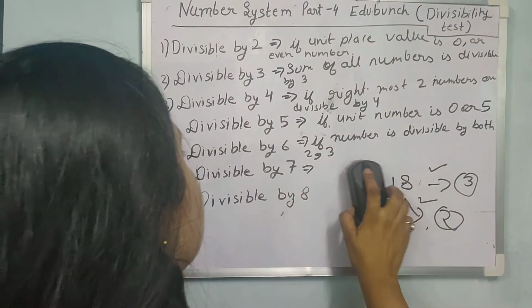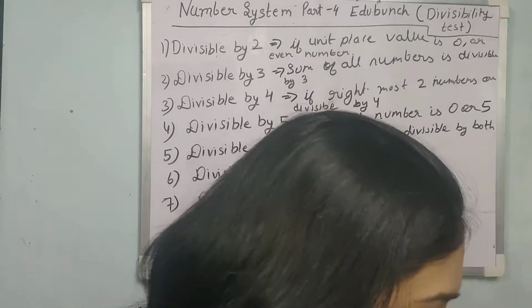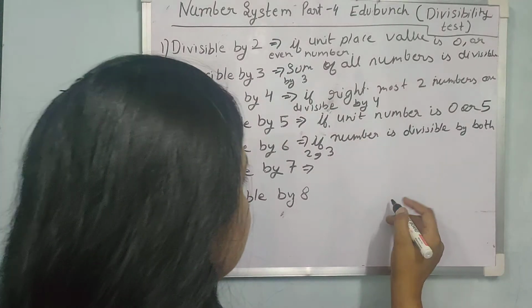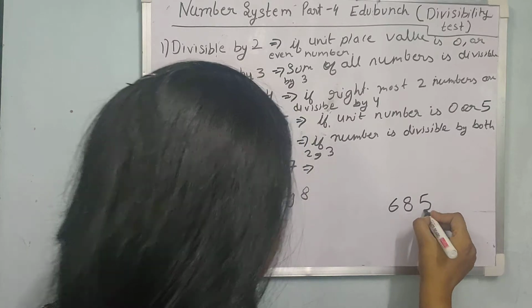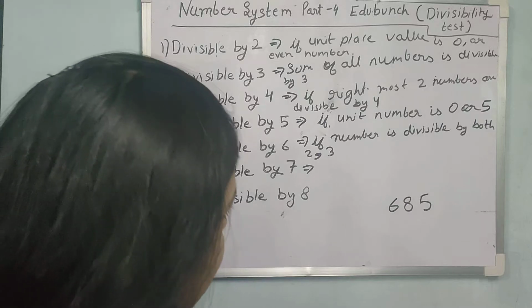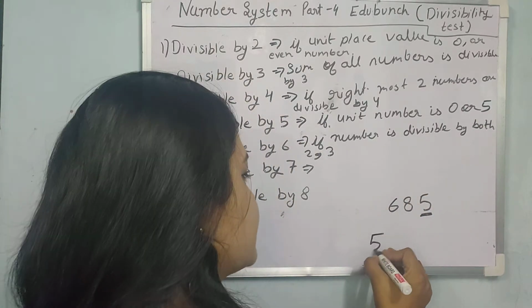Now divisibility test of 7. In 7, what we will do? We take the unit number twice.